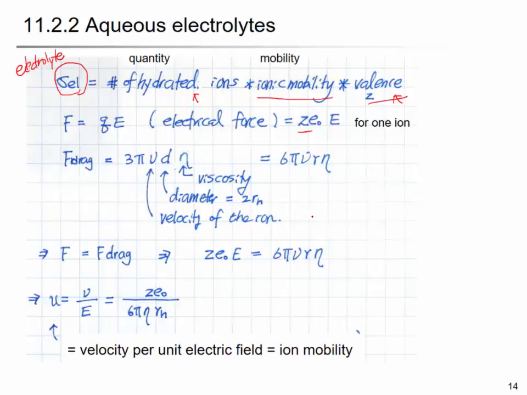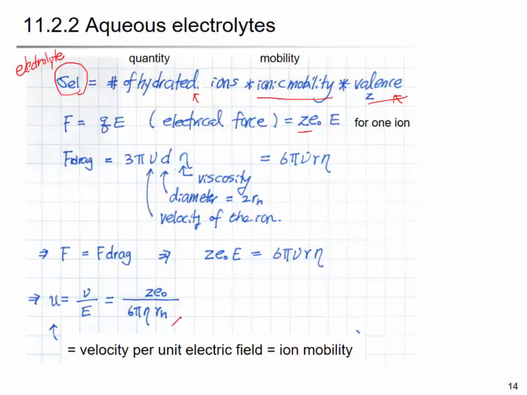Then at the terminal velocity, when the charge is moving at constant velocity, these two forces are balanced. So Z e naught times E equals 6 pi v r mu. And we can define the ion mobility as the velocity per unit electric field. So U is the ion mobility, the velocity divided by the electric field.